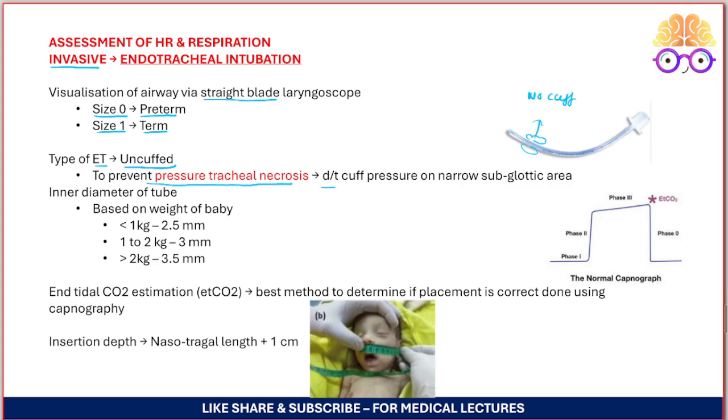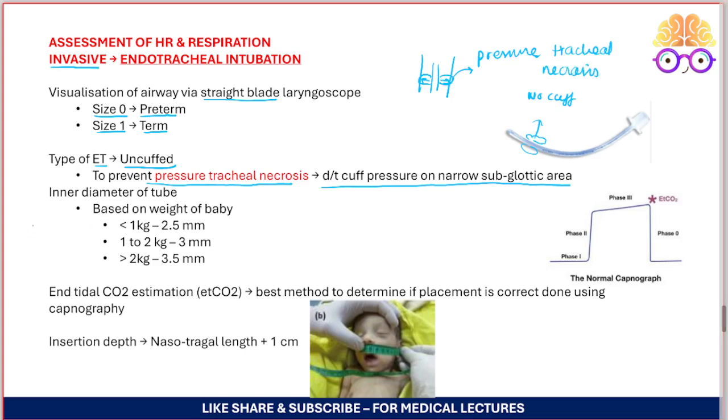It is due to the cuff pressure on the narrow subglottic area. So this is our trachea. The baby's body is not developed properly, so a cuff will exert pressure on the trachea, and the baby will have pressure tracheal necrosis.